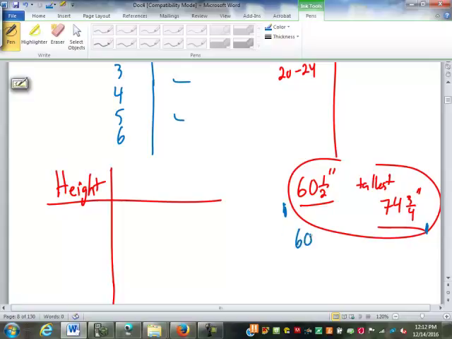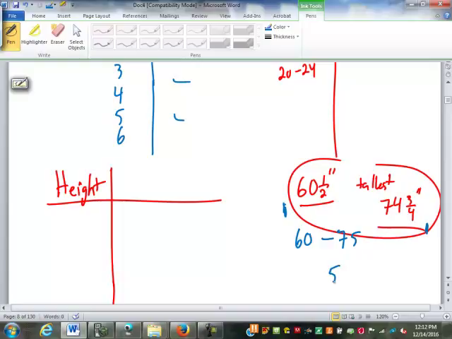So let's say I'm going to go from 60 to 75 here. Now, like I said, if we have like 100 people here, we don't want to put this in just 3 groups because that would not adequately cover. We'd have like 30 in a group, and it wouldn't give us a nice picture of how they're divided up. But for this purpose, let's say that we have about 30 people.